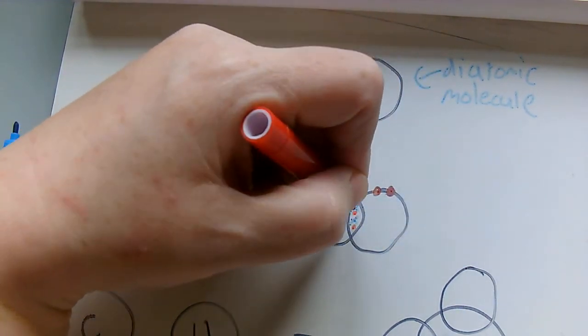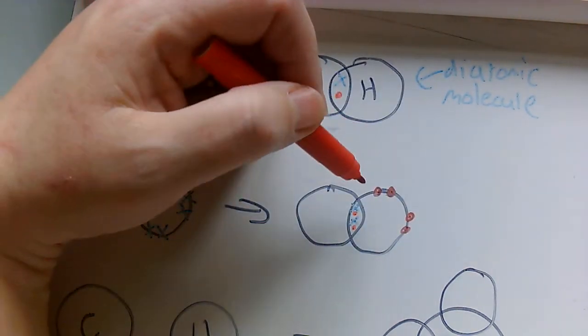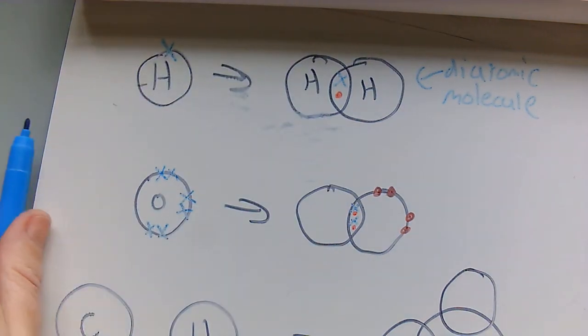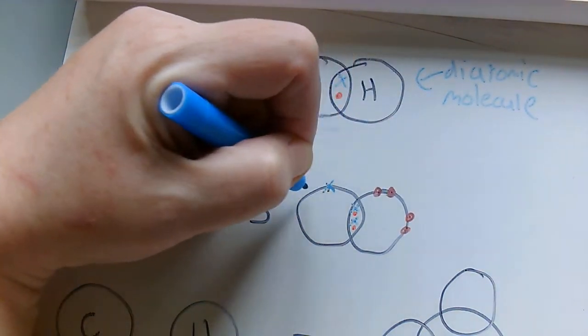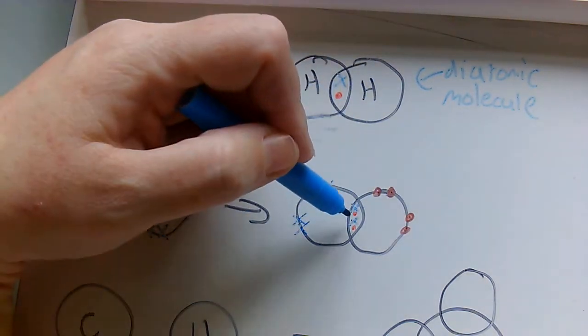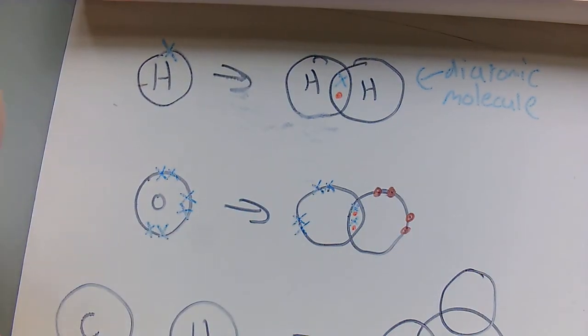So 1, 2, 3, 4, 5, 6, 7, 8. And you should be able to see 1, 2, 3, 4, 5, 6 from that oxygen. And then when I do the other one, 1, 2, 3, 4, 5, 6, plus the 2 they're sharing from the other one, gives both of those oxygens a full outer shell.